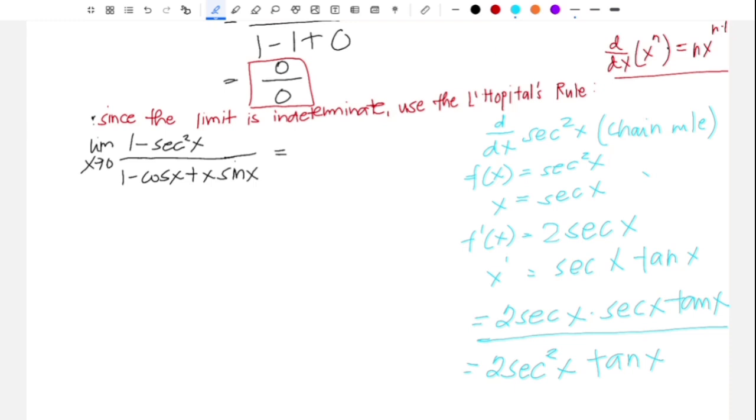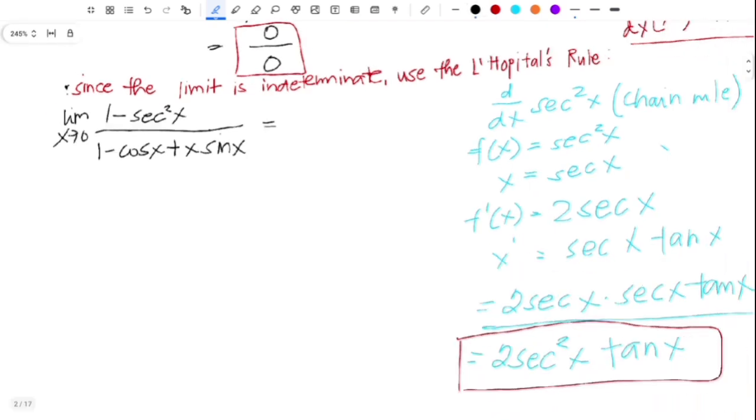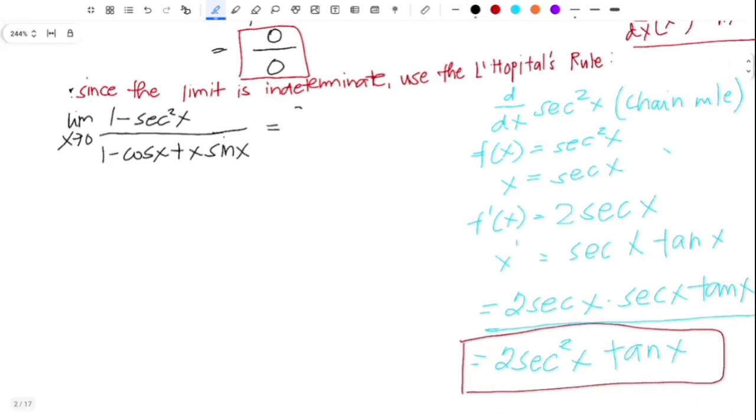Okay, so this is the derivative of secant x squared. So let's put this here in our original solving. We have 2 secant x squared tangent x over. Now that we got that, let's not forget our sign. Since the derivative of 1 is 0 and the sign is still there, therefore we write the sign there also.